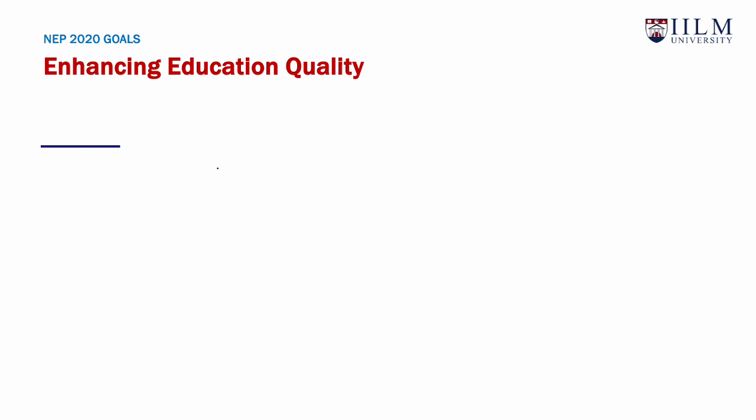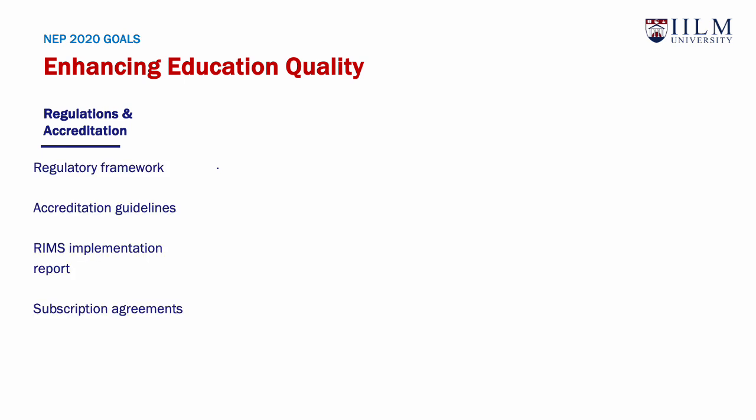What are some of the other ways to enhance education quality? Focus on governance pillars, regulations, accreditation, funding, and training. Implement RIMS and subscribe to plagiarism tools and journals.